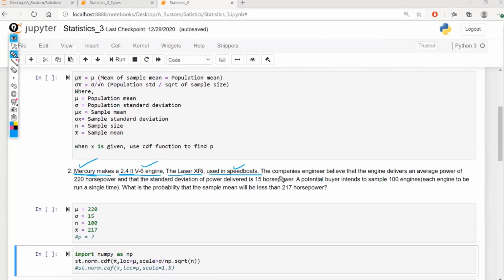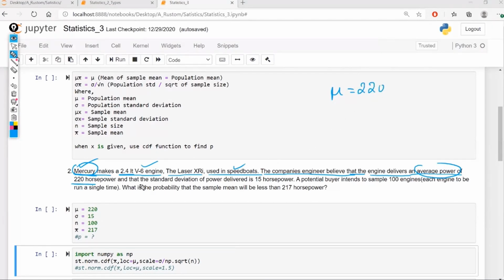The Mercury company's engineer believes that the engine delivers an average power of 220 horsepower. Average power means mean. So he is claiming 220 horsepower.